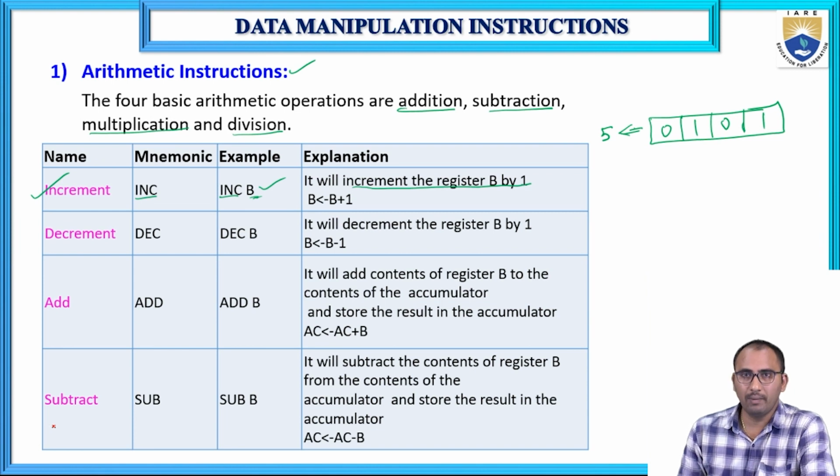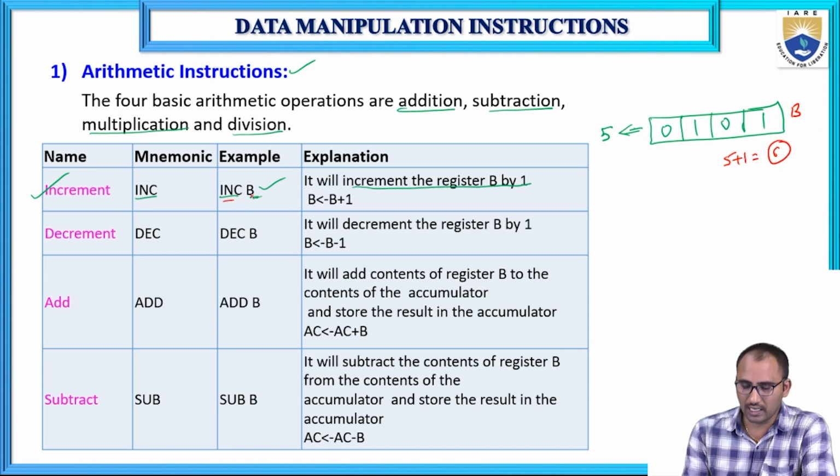If you increment the value stored in this B register, what will happen? 5 plus 1, since incrementing means only one is added. So 5 plus 1 is equal to 6.